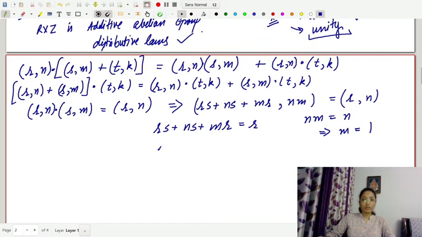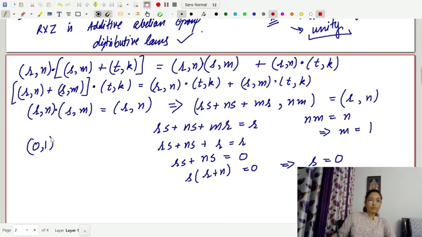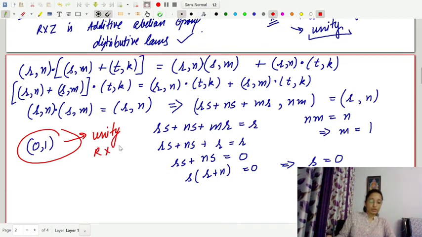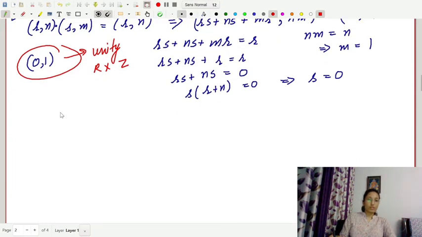Put 1 here. rs + ns + r is equal to r, rs + ns is equal to 0, s(r + n) is equal to 0, which in turn implies s is equal to 0. Therefore (0, 1) is the unity of the ring R cross Z, and therefore R cross Z forms a ring with unity.